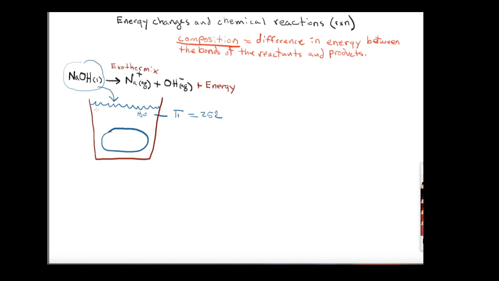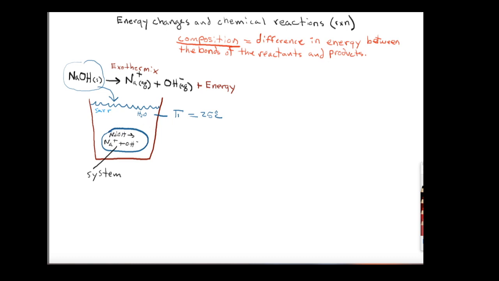So this is going to be NaOH, and it's going to dissolve, forming sodium ion and hydroxide. Now remember, this is our system. The reaction is our system because that's what we're interested in. And the surroundings are the water that is in the coffee cup. So I'll go ahead and label that.